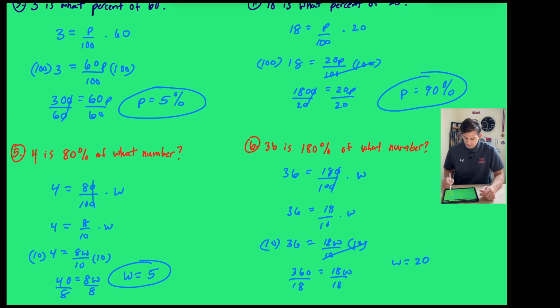So our number that we're trying to find is 20. So 100% of 20 would be 20, right? We're taking all of it. So we're going more than that. So 36 is 180% of 20, and that's how you can use the percent equation to find a part of a whole number, a percent, and also the whole number itself.